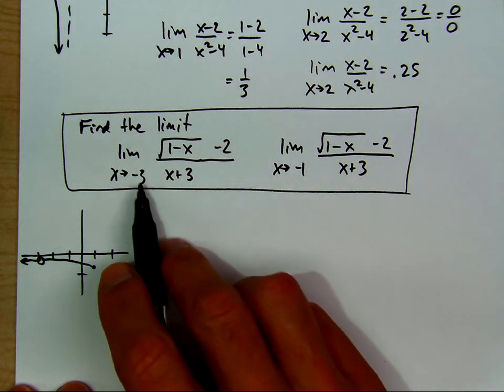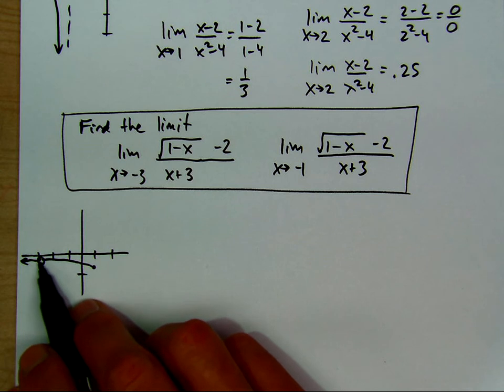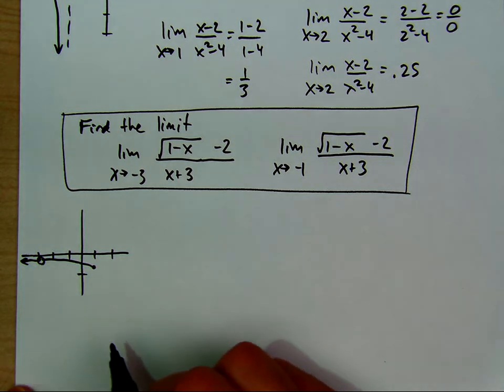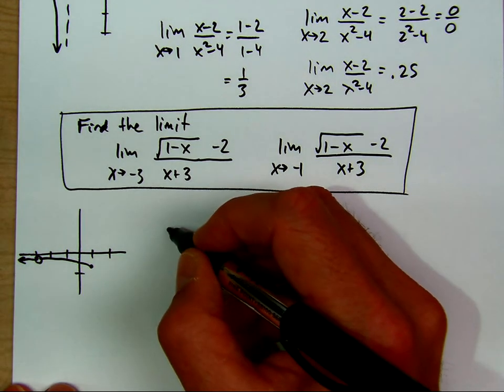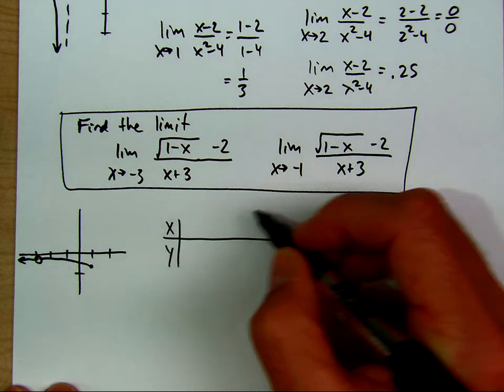So to evaluate the limit at -3, we look for the y value of that open circle. What's the graph approaching from both sides? And from the graph, using a calculator, we would see that it's approaching -0.25. But we can see that more clearly with a table.